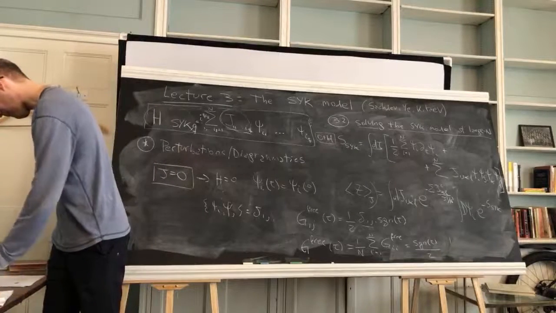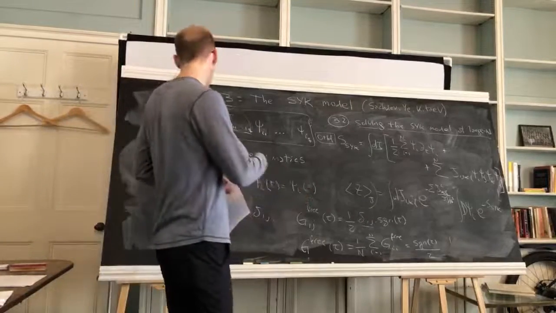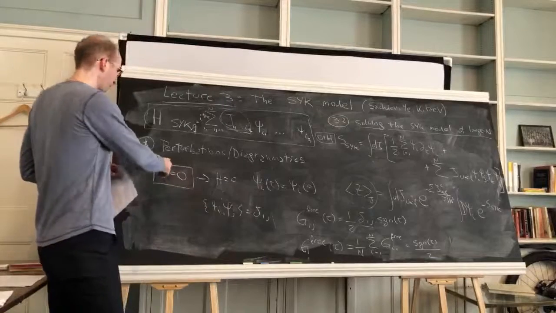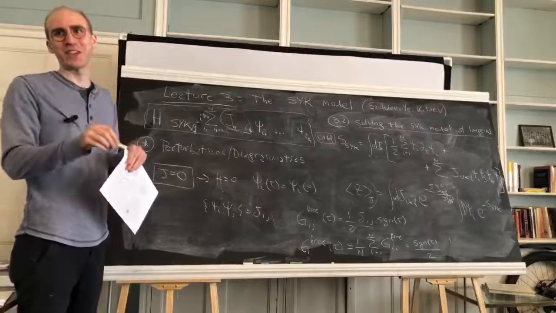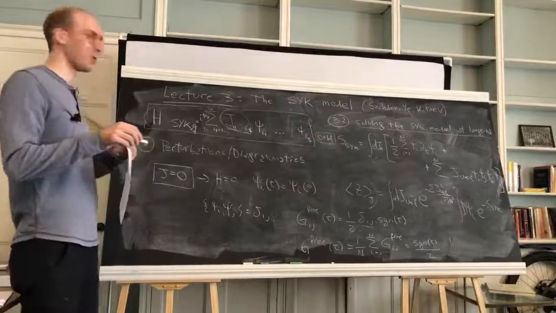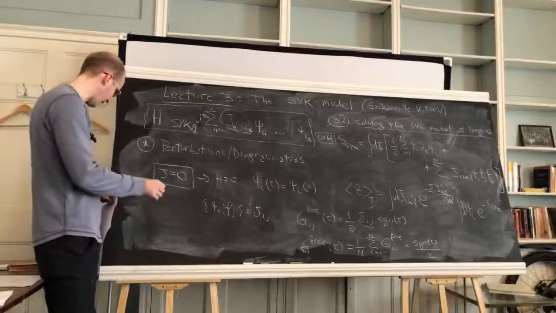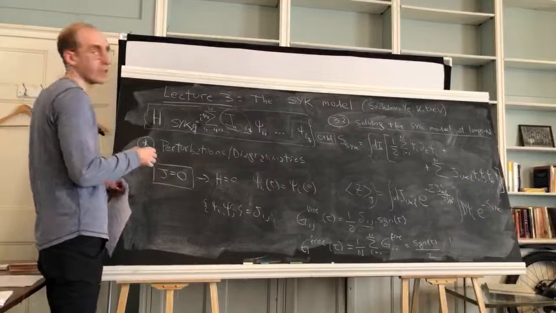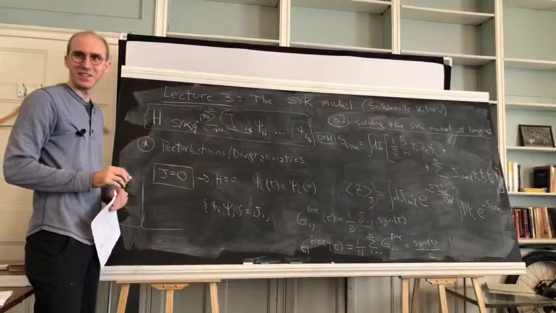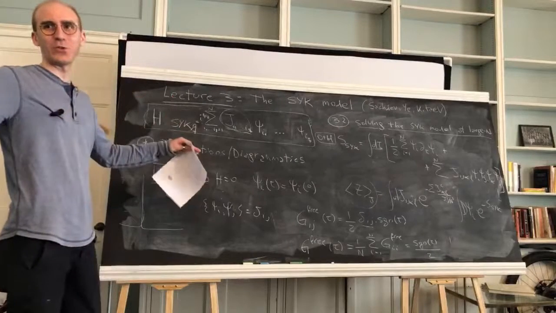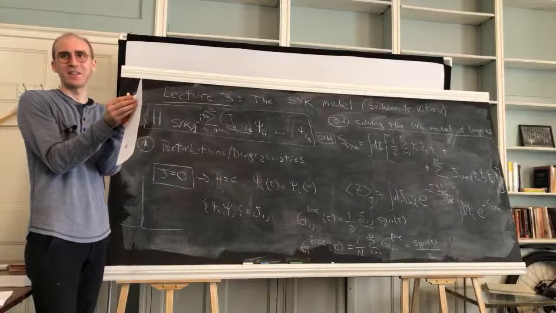When you say J is equal to 0, do you mean the coupling rather than the term that appears? Well, I'm saying the term that appears in the variance, that's 0. So that basically means that all the J_IJKL will be 0 with probability 1. If the variance goes to 0, then the Gaussian distribution, if sigma goes to 0, gets very, very thin.